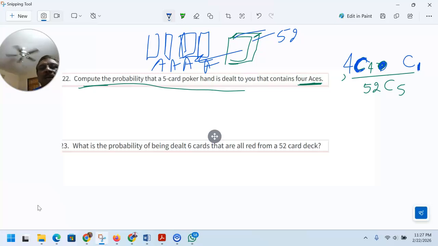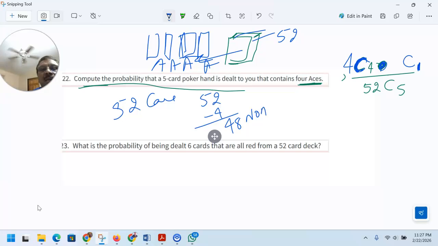If there are 52 cards and you subtract four aces, what's remaining is 48 non-aces. So that's why this number has to be 48.